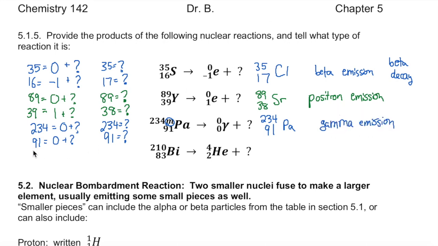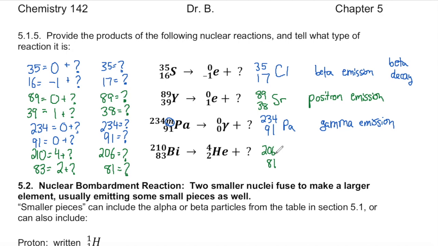One last one to try, we have 210 being equal to 4 plus a question mark. This would make our question mark being equal to 206. And then we have for the atomic number 83 being equal to 2 plus a question mark. So 81 would be our question mark here.